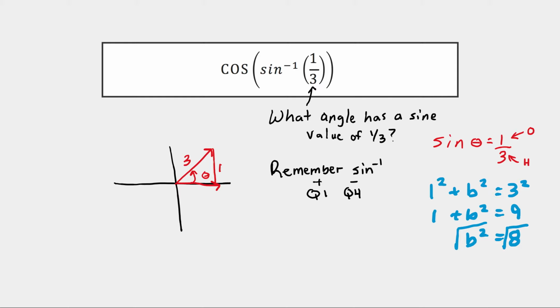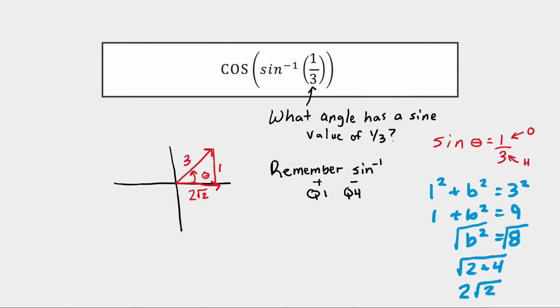And the square root of 8 we could write as 2 times 4. I can't take the square root of 2, so I'll leave it underneath, but I actually can take the square root of the 4, and when I do that, that's going to give me a 2 on the outside. All right, and so now I know that this side is 2 on the square root of 2.